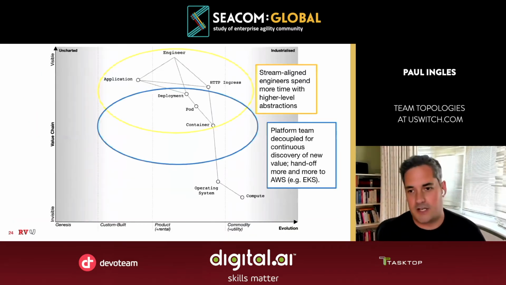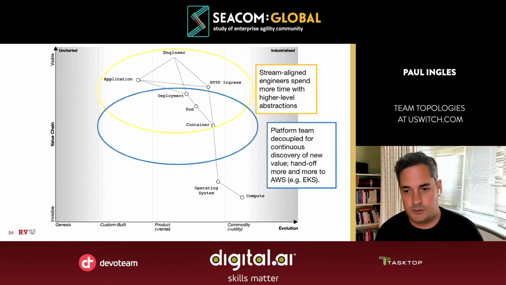So if we go back to the map, this is, again, a simplified version, but it broadly tells the story, which is that for the Streamline teams, you're keeping people up at the higher levels of abstraction and the kind of value creation that they should be focused on. The blue area represents where we would expect platform teams to spend most of their innovation and investment time.